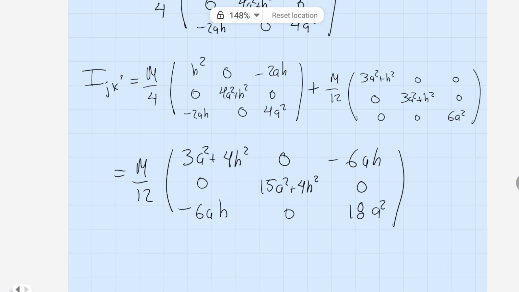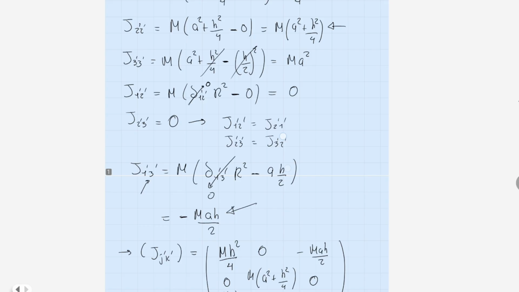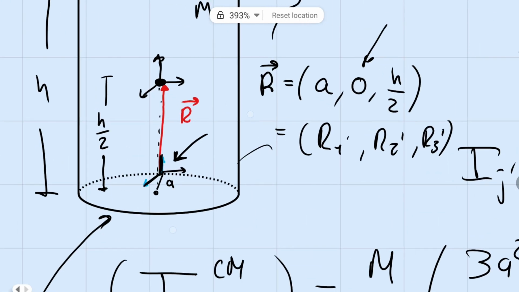Okay, perfect. So, as we have been mentioning, remember that the inertia tensor of a rigid body depends on where you locate the coordinate system. So it is very easy to suspect that if we move the coordinate system, then we will have different inertia tensor components. And that is actually what is happening right now.